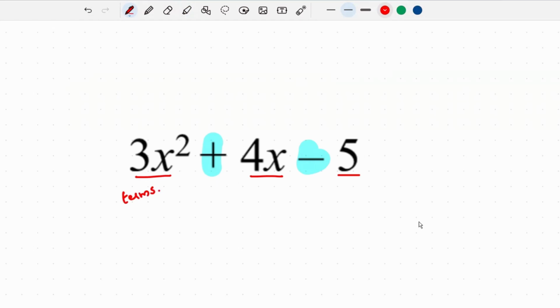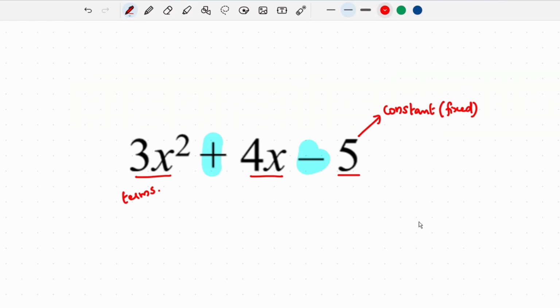The final term is known as the constant term, where you see there are only numbers and there are no variables. Why? Because these are having a fixed value. The value of -5 is always -5 and it doesn't change, right? So that is why this term is known as constant term.